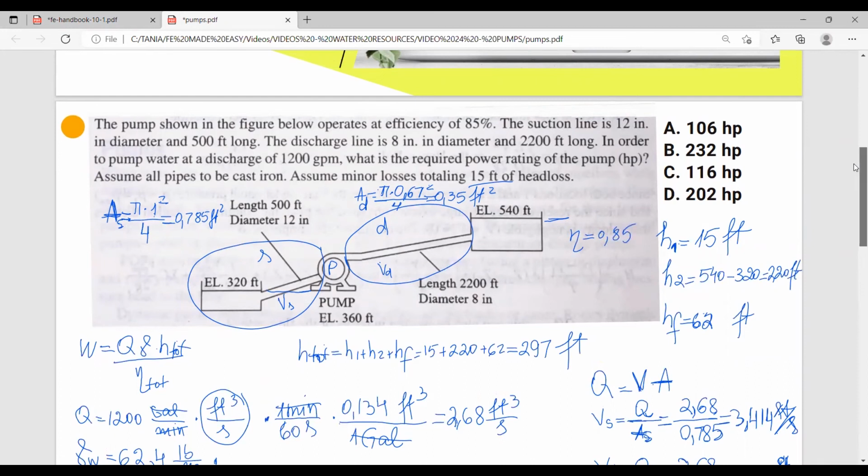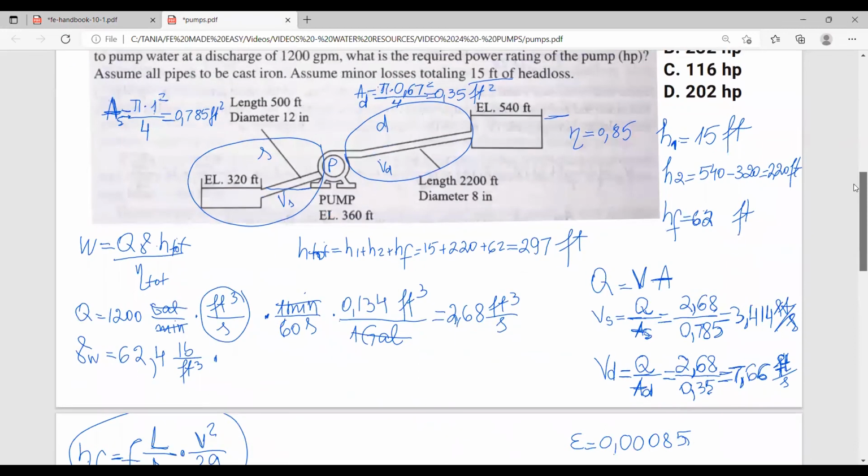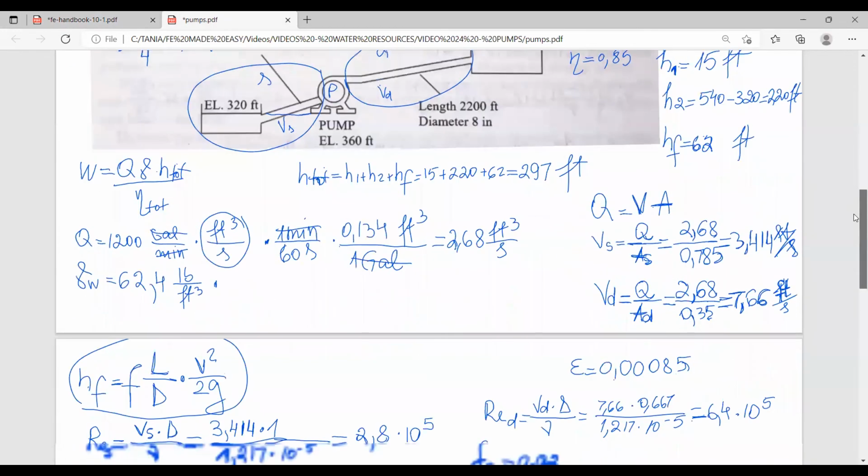Now let's go back and calculate our power rating of the pump.